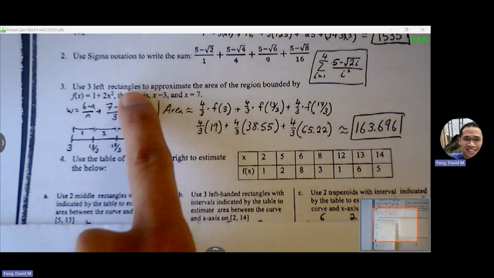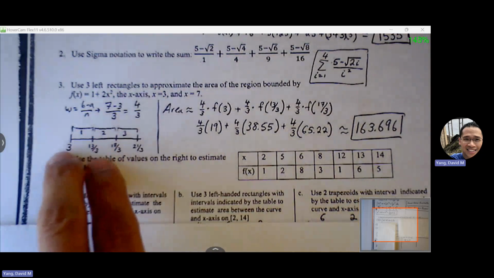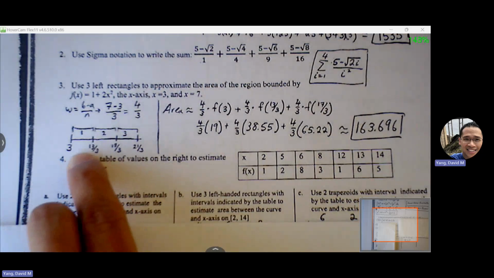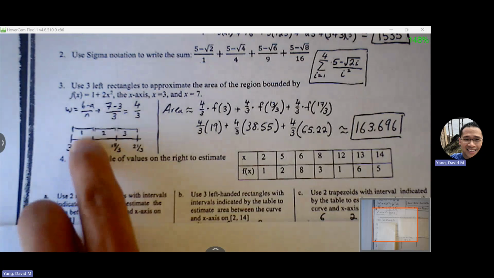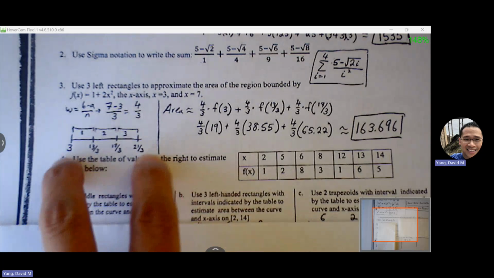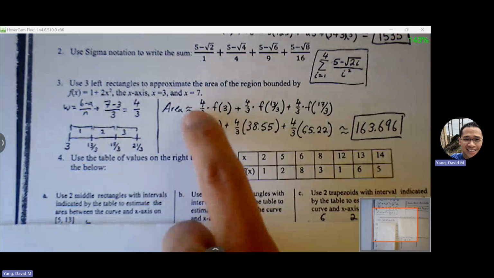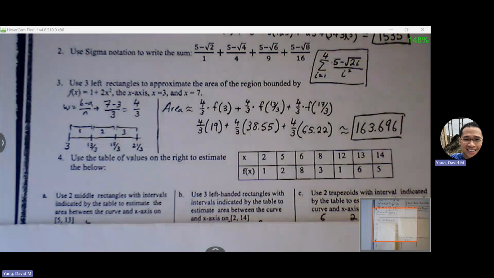If we're asked to find midpoint, then you have to do a further process of finding the average of these two numbers, finding the actual midpoint before plugging in and finding the heights. But if it's a left or right-handed rectangle, we can stop here and just start attaching the left endpoint to the curve to get the heights.